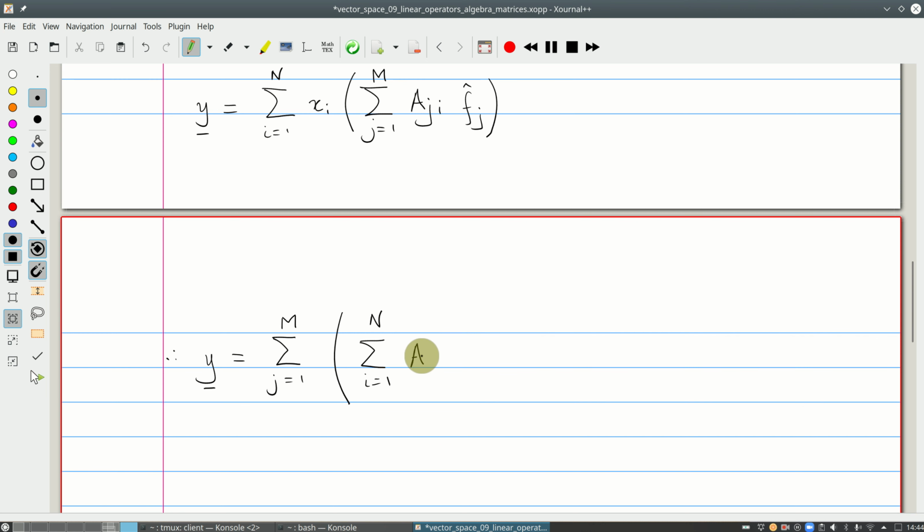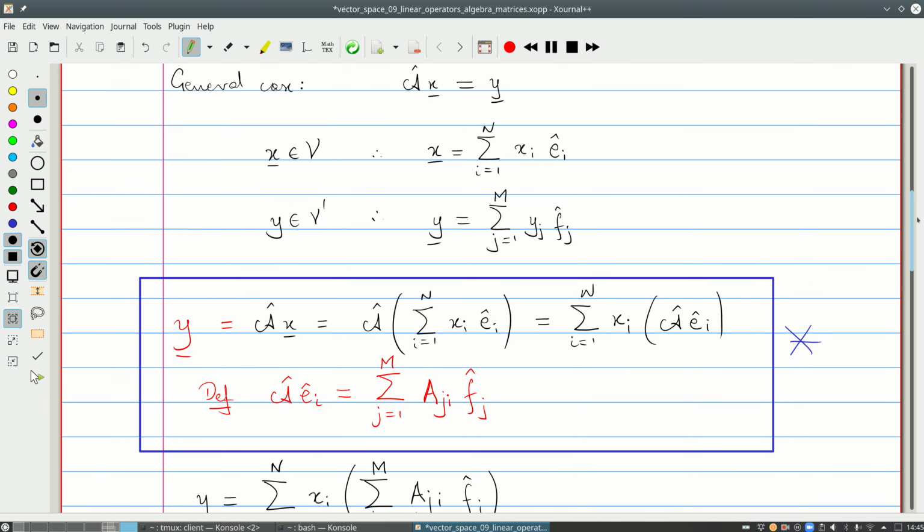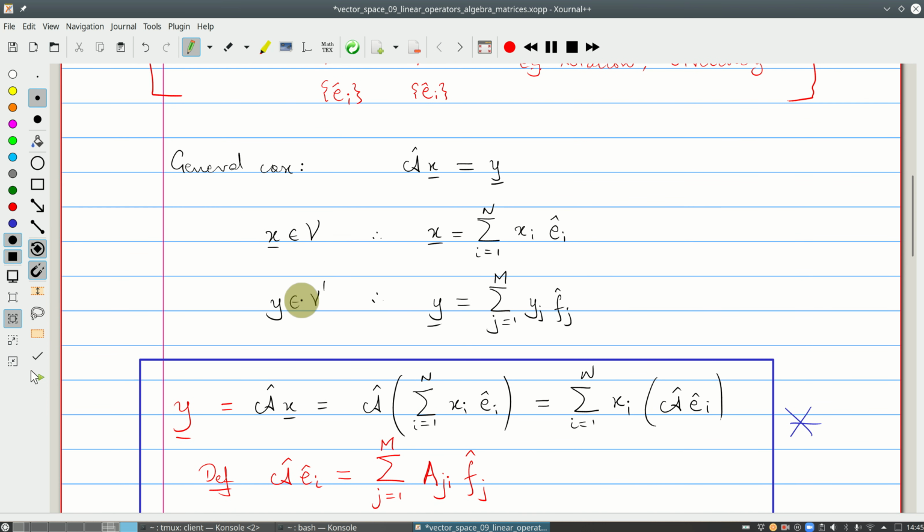So put the aji first, then the xi, close parenthesis, and then have the Fj hat. Now y itself belongs to the space V prime, and it's written in terms of the basis vectors of V prime. y is equal to the sum, j goes from 1 to m, yj Fj hat. So let's put that down here.